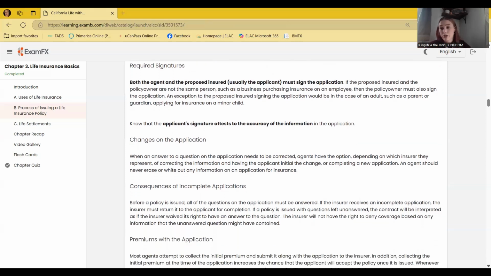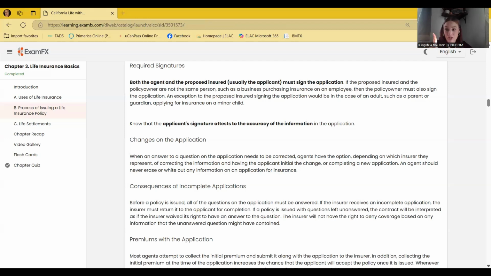Now, required signatures, okay? All of this is very basic information when it comes to the application for the policy. But if these things aren't done correctly, the application will not be taken, basically, right? It's going to be kicked back.